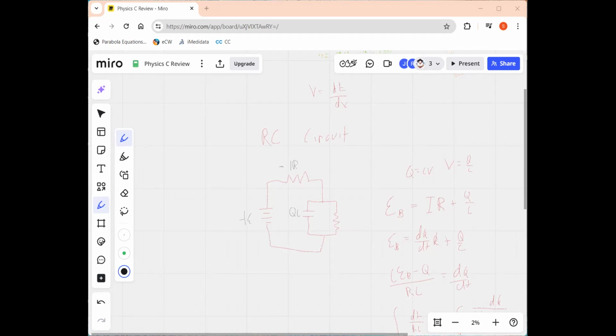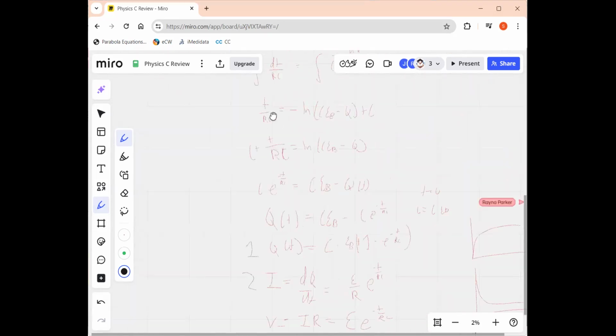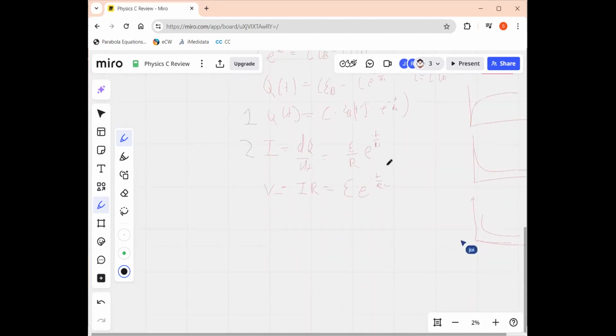So normally you just see something like, so these are all equations for current through the capacitor. This is I through the capacitor. Voltage Q on the capacitor.